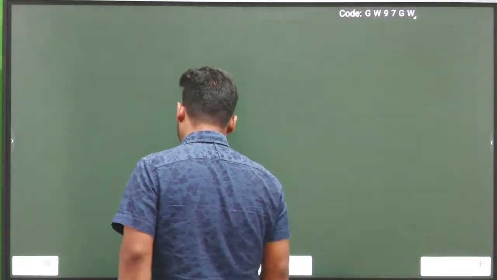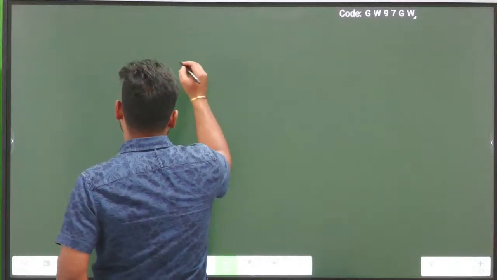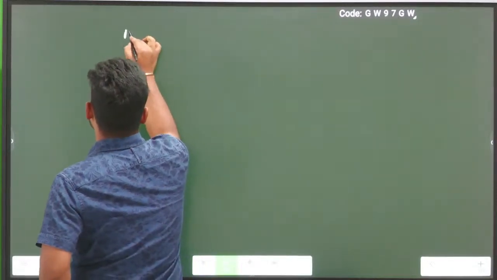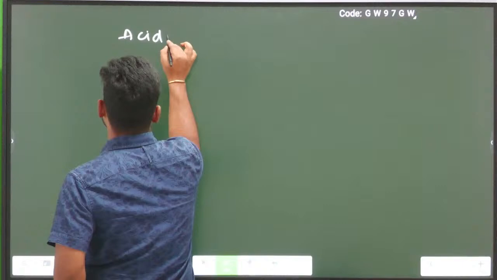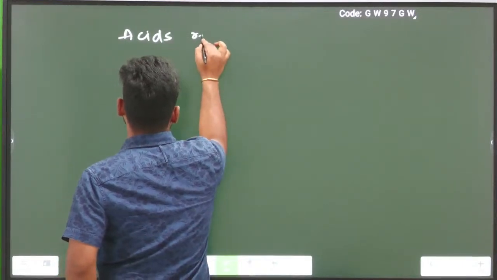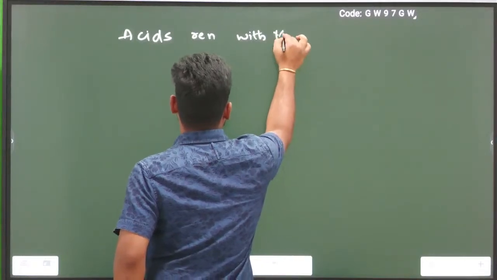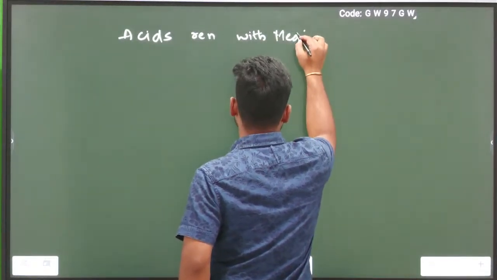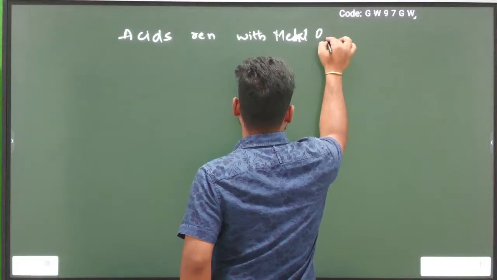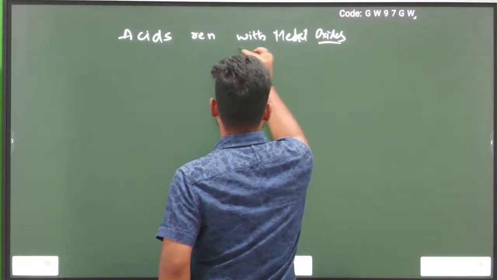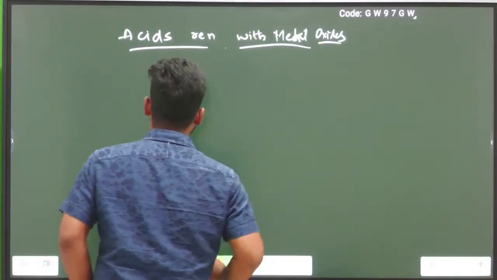And how are these acids going to react with metal oxides? Acids' reaction with metal oxide. So what are metals?